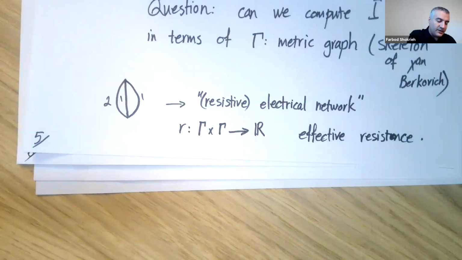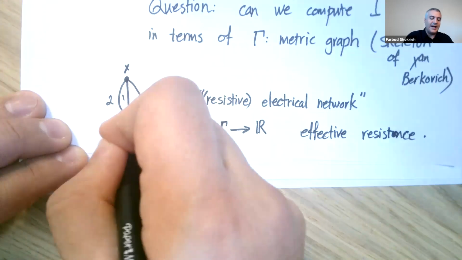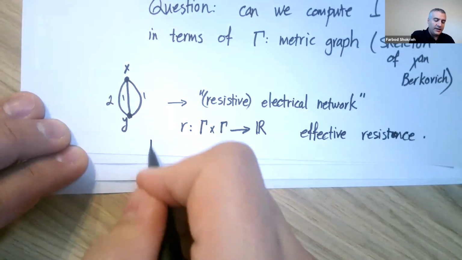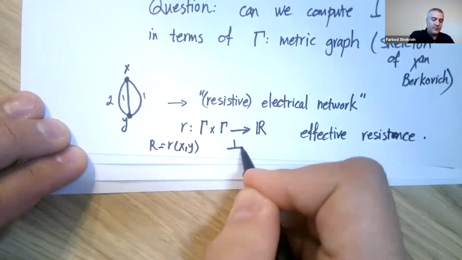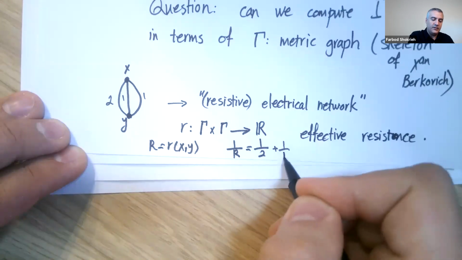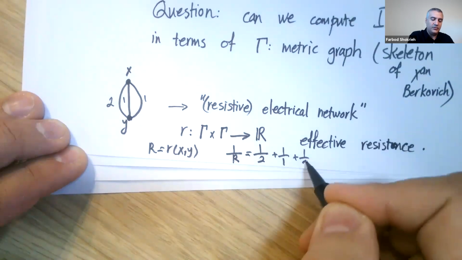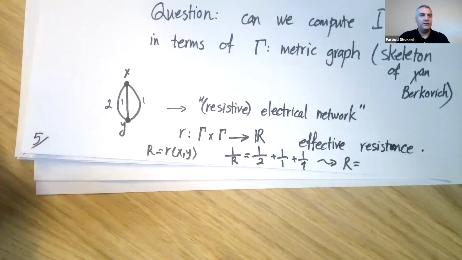For example, if I want to compute the effective resistance between X and Y, I use the parallel law. So if R is the effective resistance between X and Y, then you remember probably 1 over R should be 1 over 2 plus 1 over 1 plus 1 over 1, and then you compute R. Let me not compute right now.